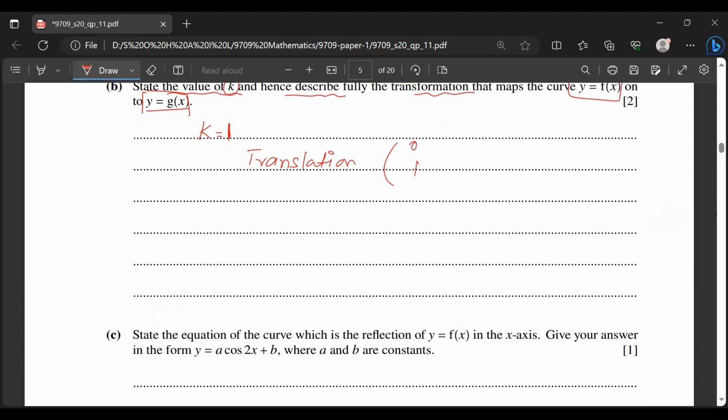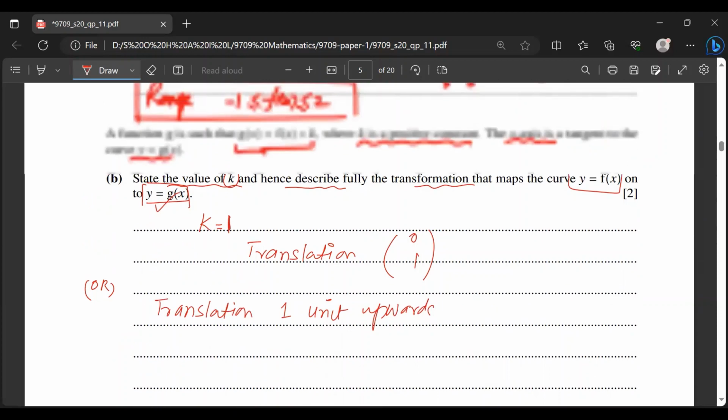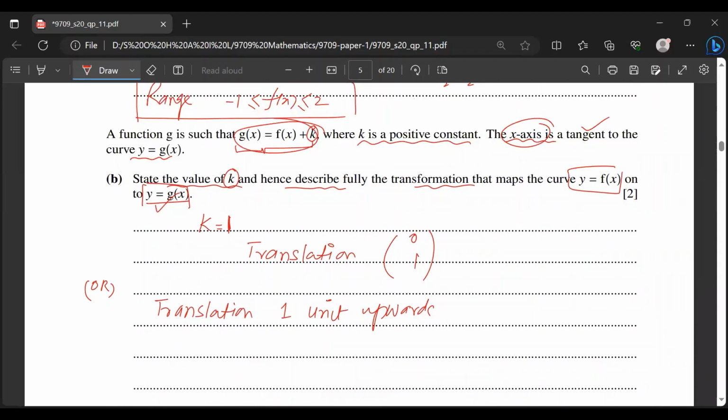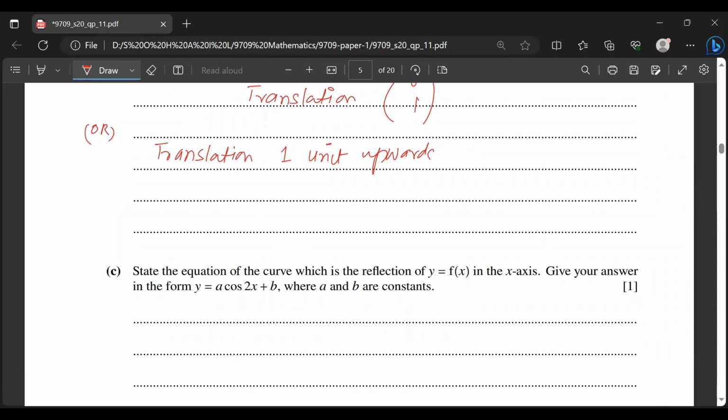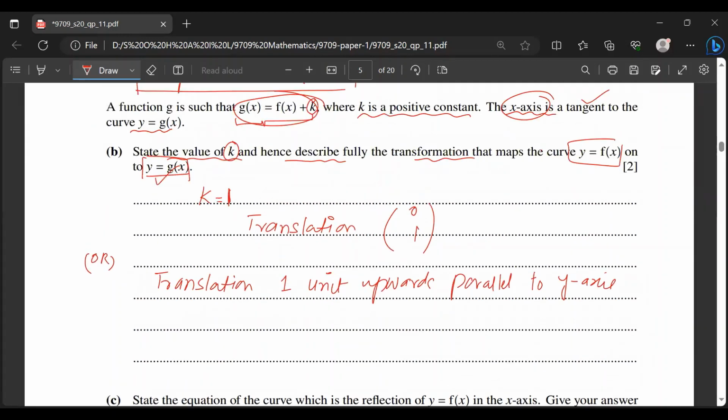You can write a statement that this is a translation 1 unit upwards to get the graph of g(x), because g(x) is f(x) plus k. So translation 1 unit upwards, or you can write parallel to the y-axis. This is how you can describe.